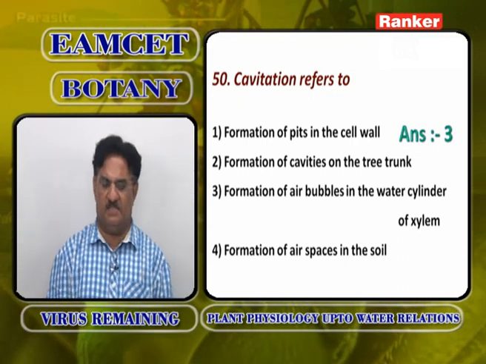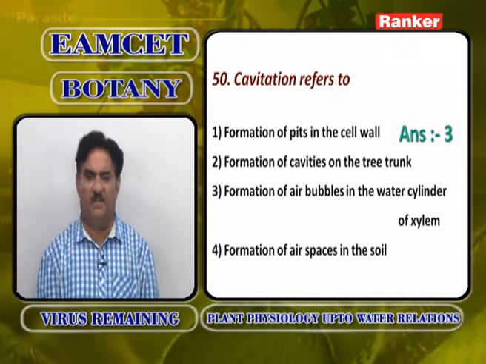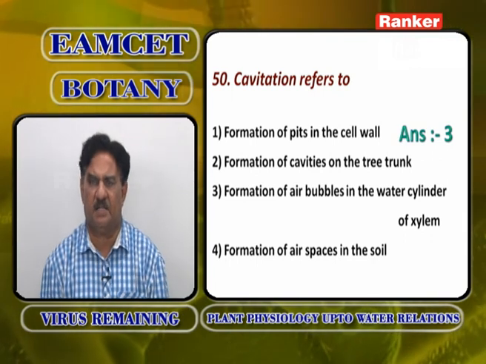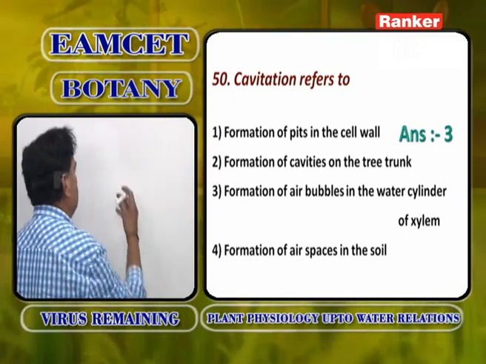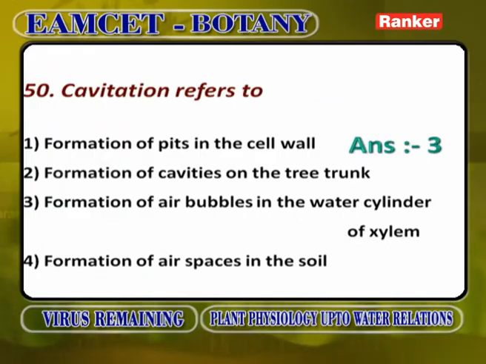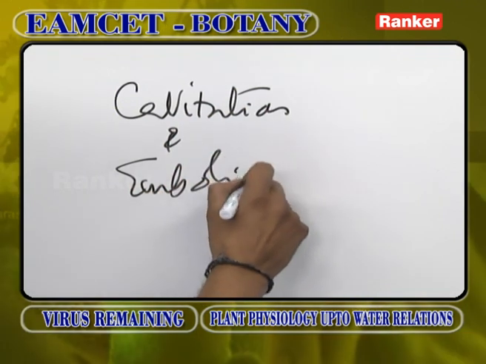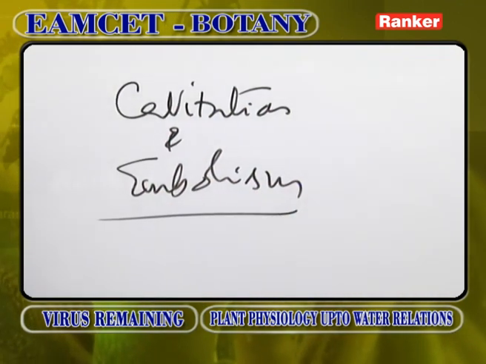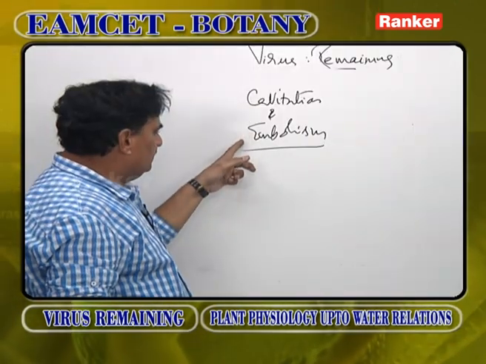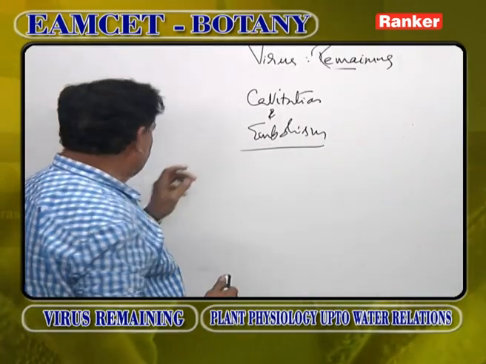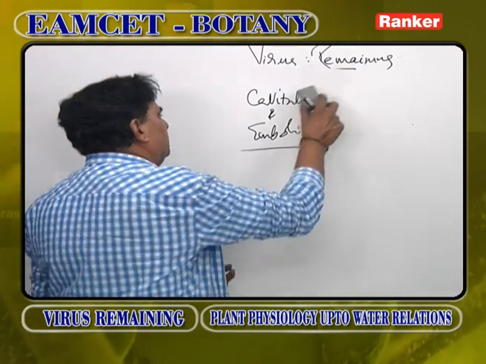Formation of an air bubble is called cavitation. Destruction of the water column due to the air bubble is called embolism. So these are two concepts, cavitation and embolism. Formation of an air bubble in the continuous water column disturbing its movement is called cavitation. The disturbing of the water column due to the air bubble is called embolism.